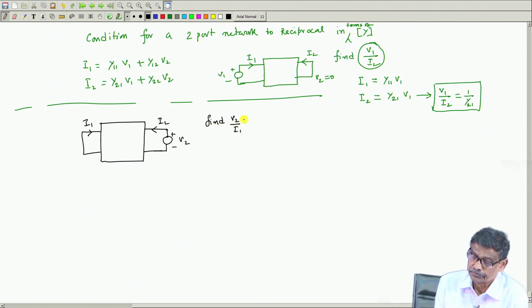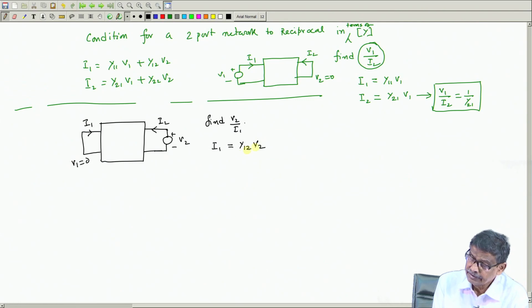To find that we come back to the fundamental equations and write down those two equations under the condition that V 1 is equal to 0. So, the first equation will give you I 1 is equal to y 1 2 into V 2, because V 1 is 0.